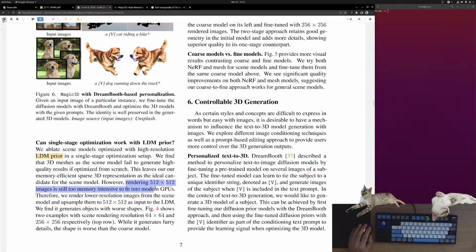Rendering 512 is still too memory intensive to fit into modern GPUs. Therefore, we render low resolution images from the scene model and upsample them to 512 as input to the LDM.